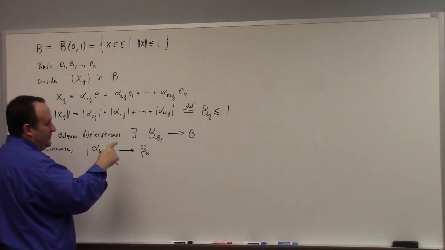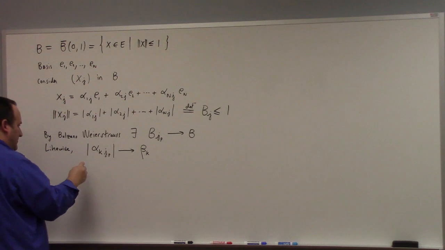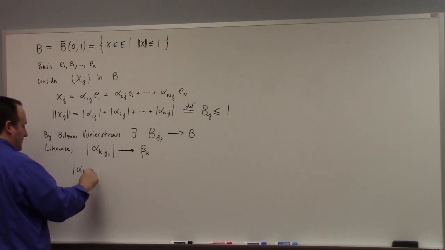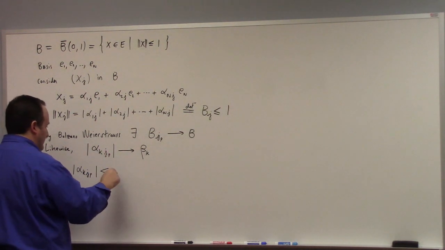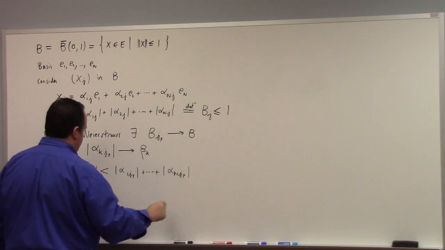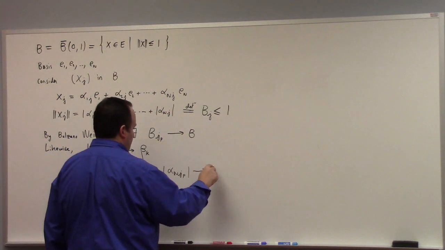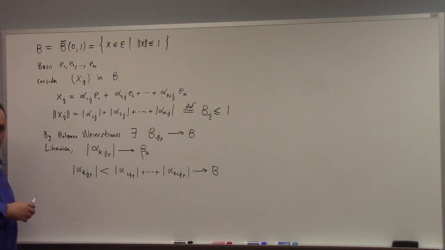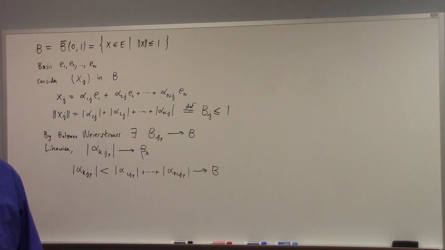We know that beta jp converges to b, so if this sum converges to b for this subsequence, then for that same subsequence this also converges, because it's dominated by it. I think that's reasonable.